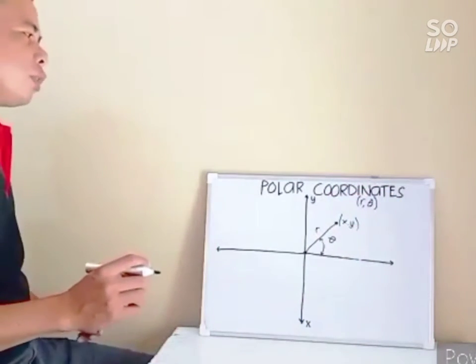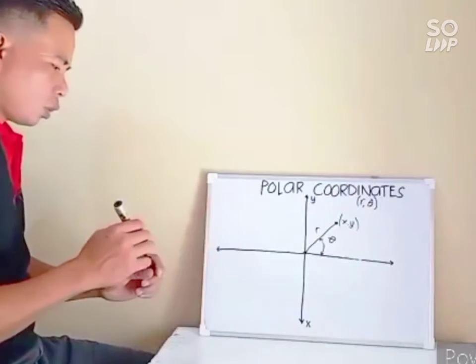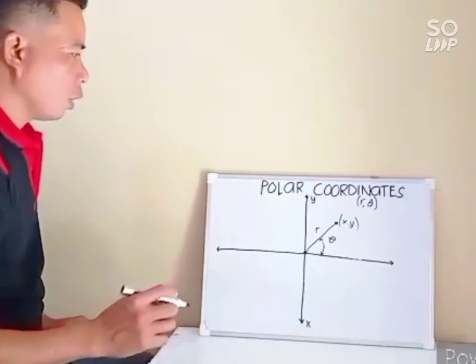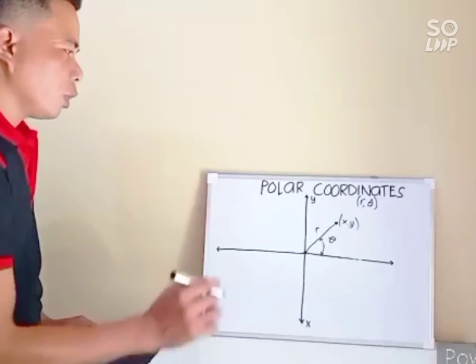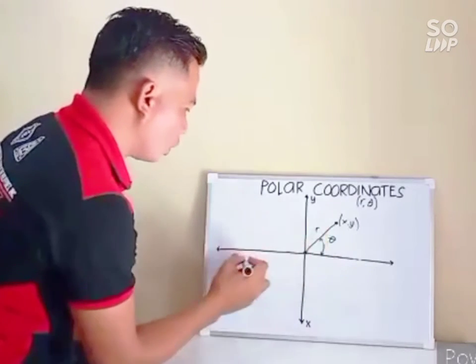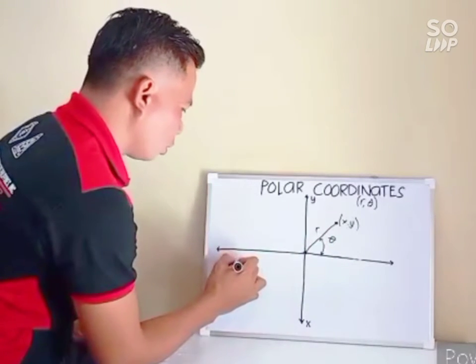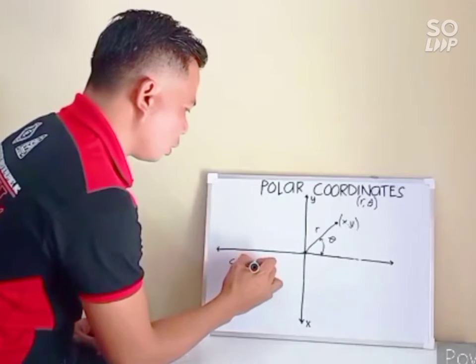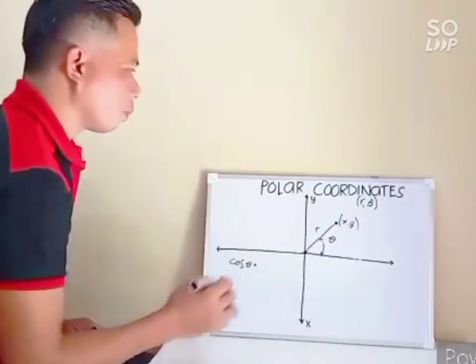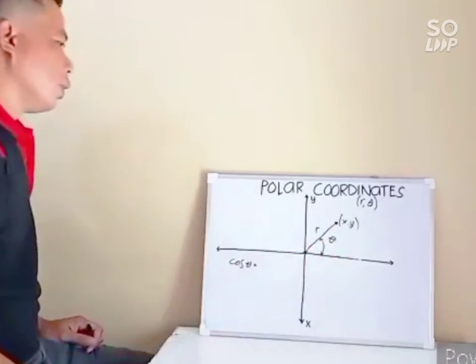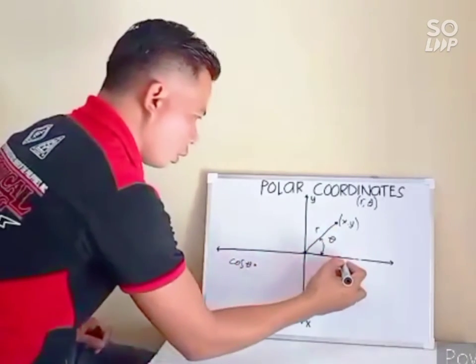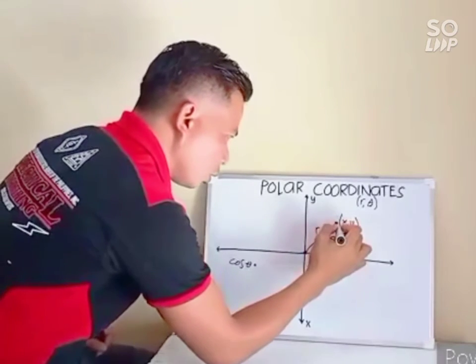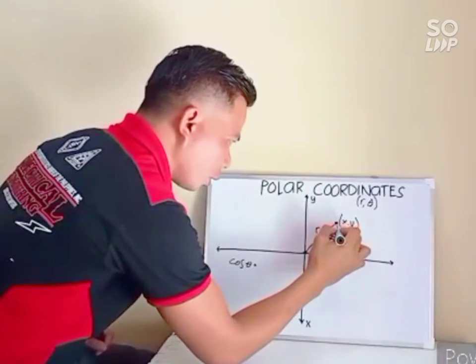So we could see the relationship between these variables. Cosine theta is adjacent over hypotenuse. This is our x and this is our y.